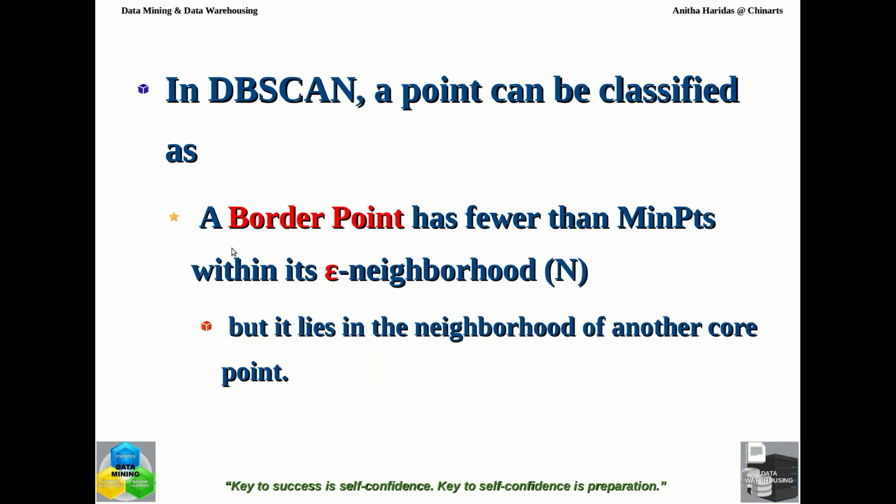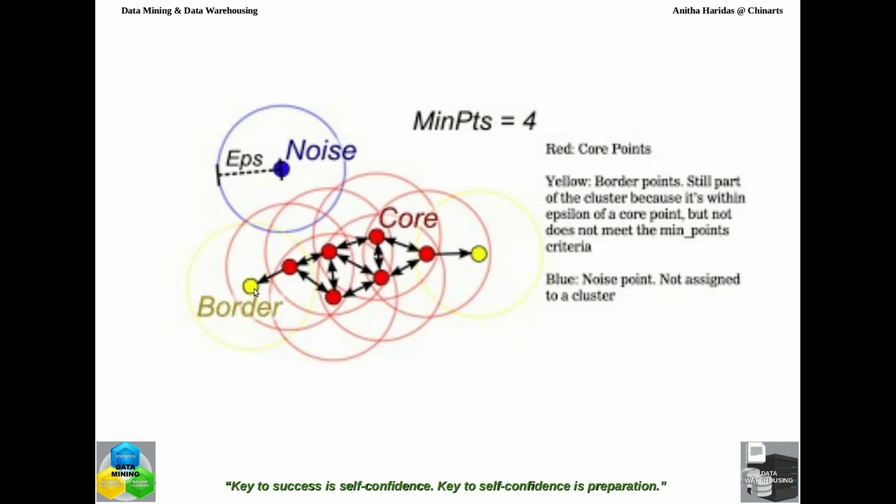Then a point can be classified as a border point if it has fewer than minimum points, but it lies in the neighborhood of another core point. So this one can be called a border point, and this can also be called a border point because it does not have the minimum points in its epsilon neighborhood, right? This region is having fewer than minimum points.